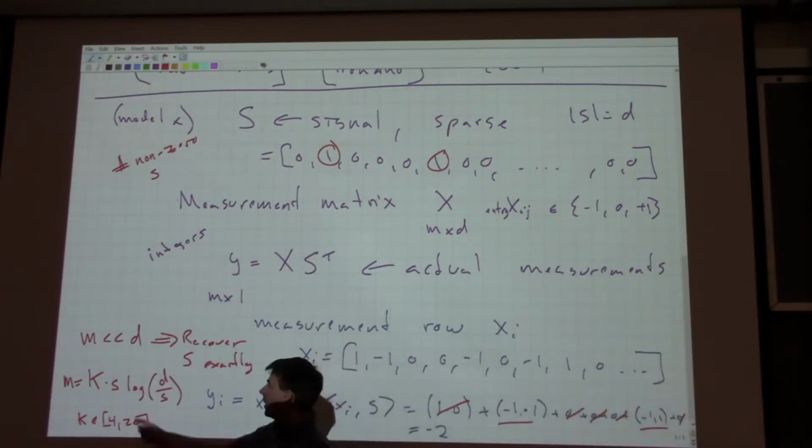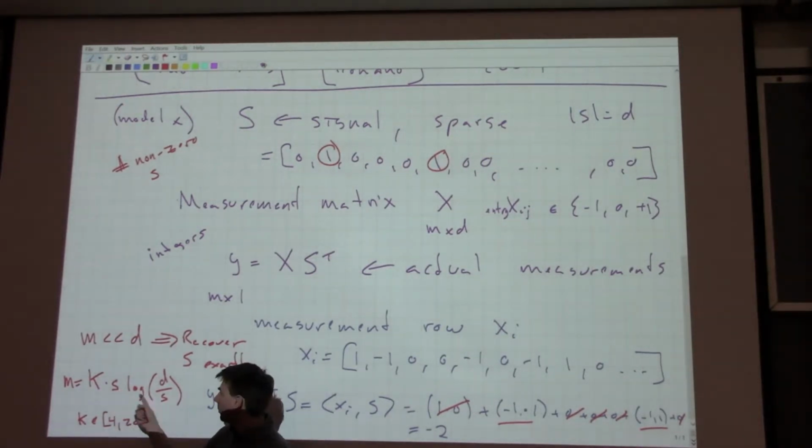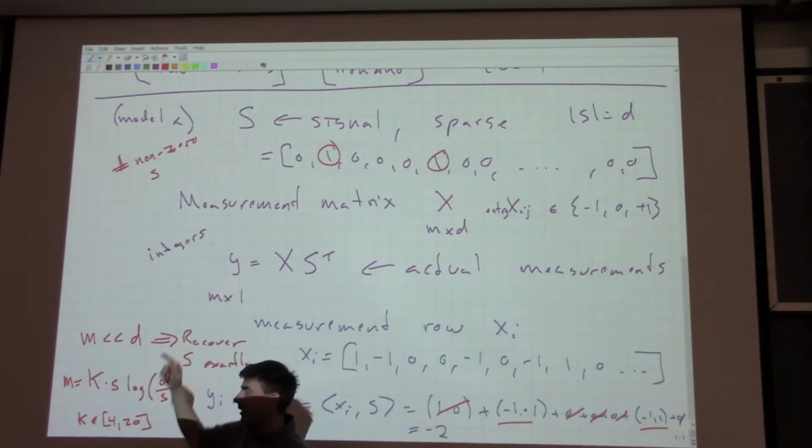So the number of measurements I need is going to be about the number of non-zero bits that there are, with some extra log term here. Now, from a computer science perspective, I actually need this much space just to tell me how to index into that array. This could tell me the location of each bit.